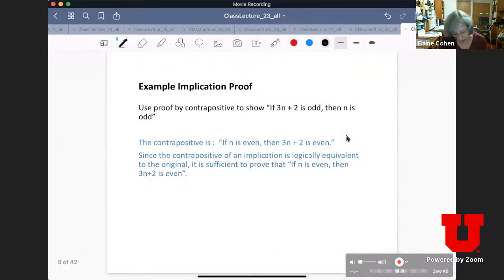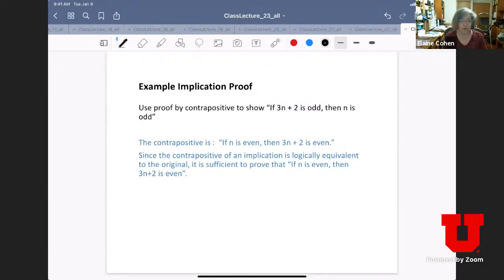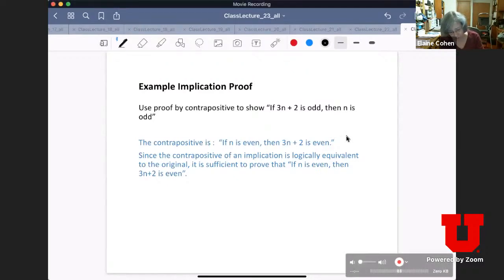Good. All right, so here's an example of an implication proof. Use proof by contrapositive to show that if 3n + 2 is odd, then n is odd. Okay? So what's the contrapositive? Well, the contrapositive is the negative of n is odd.